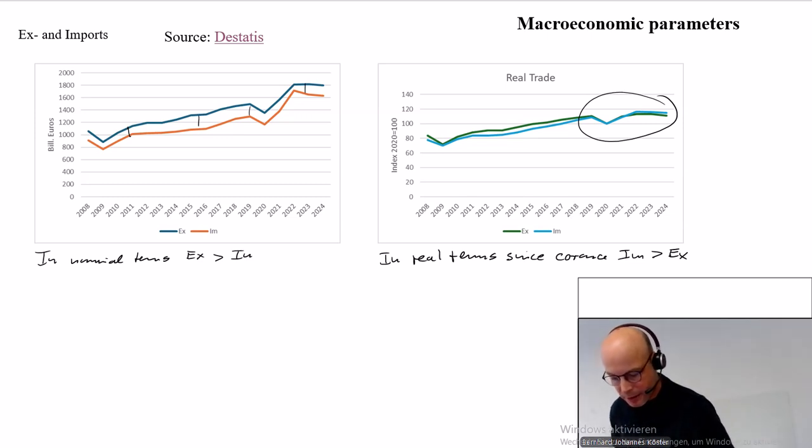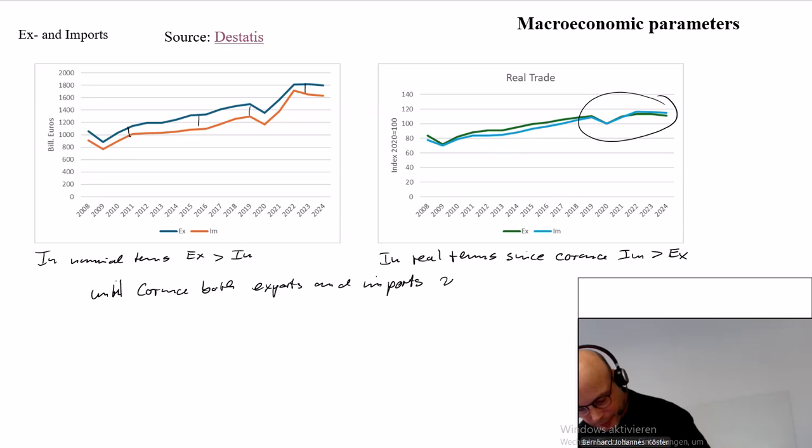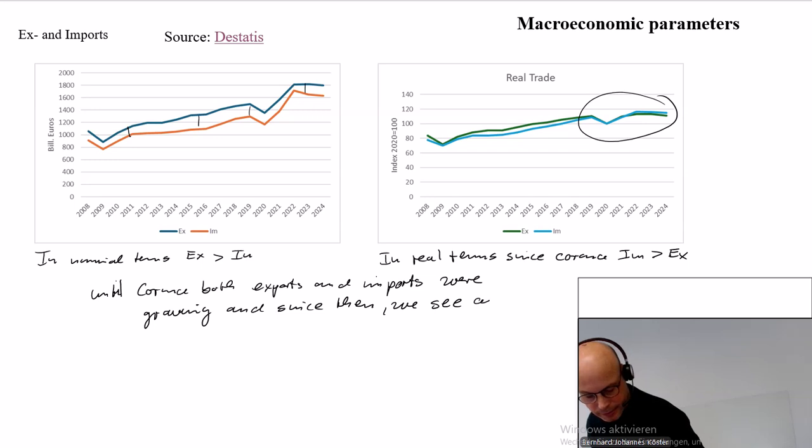And what can we also say until Corona, both exports and imports were growing, and since then we see a stagnation.